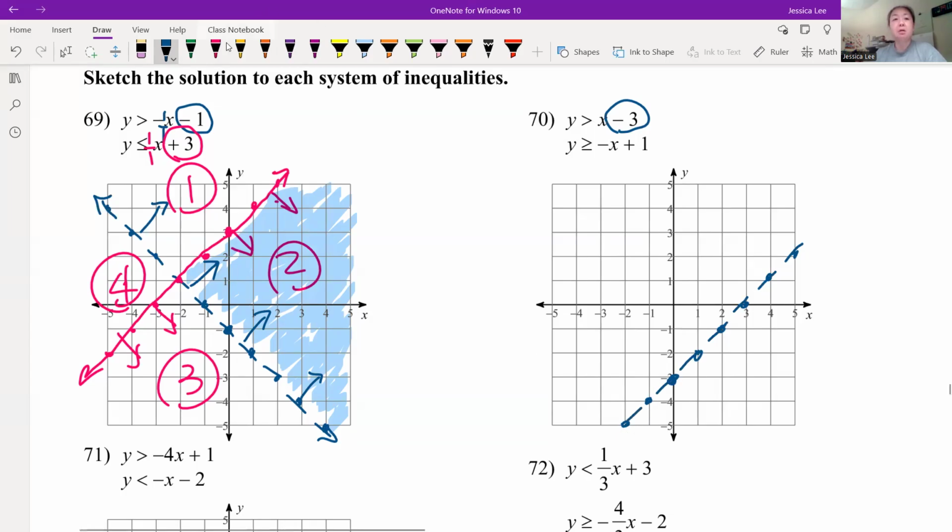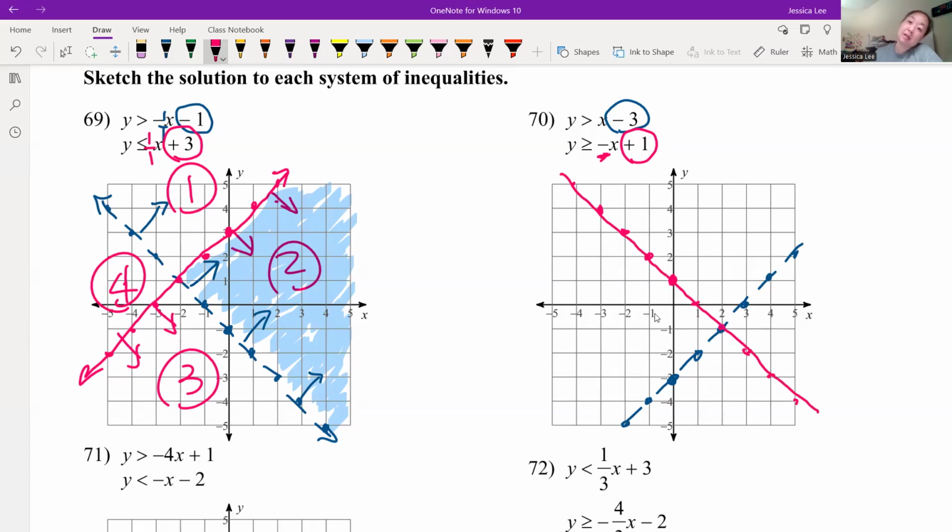There we go. And our other one is going to be, again, our +1. And then we have a negative slope right here, right? So it's going to be up and to the left one. So it's going to go decreasing. And it is going to be a solid line because there's that equal sign under it.